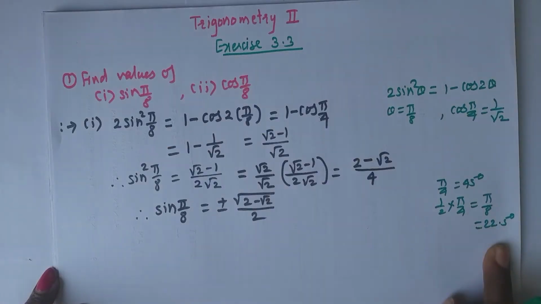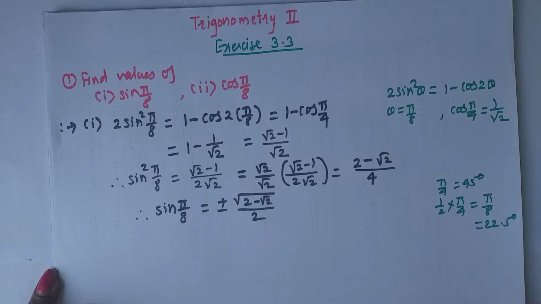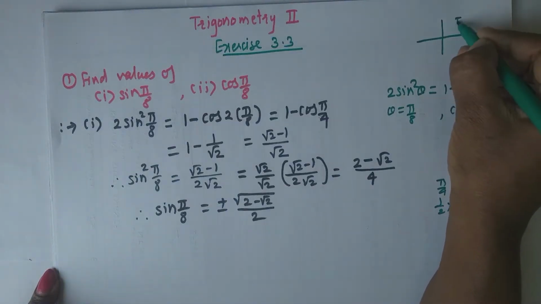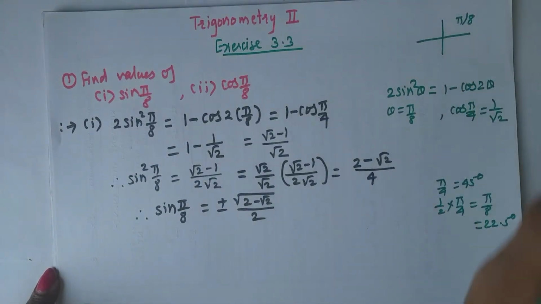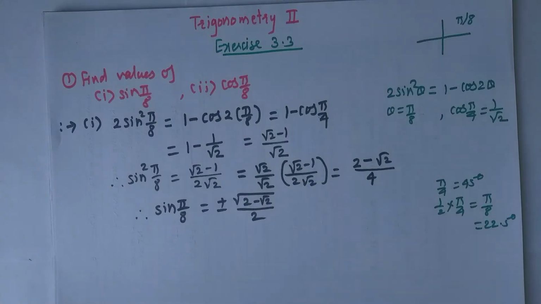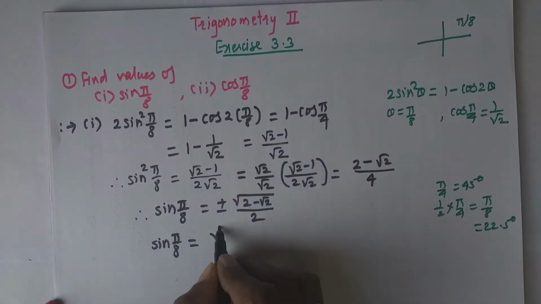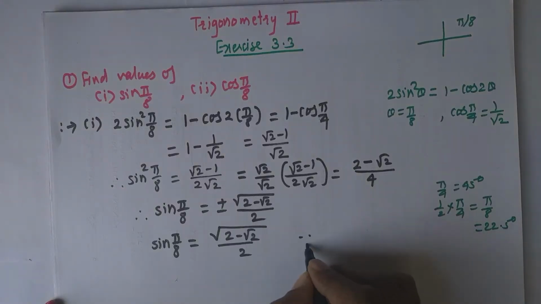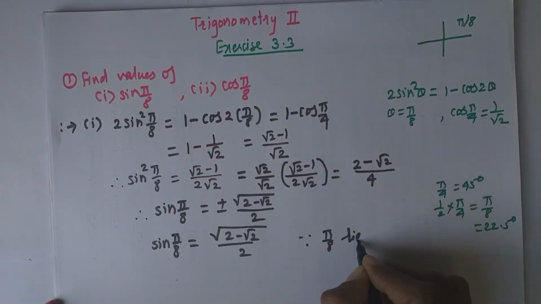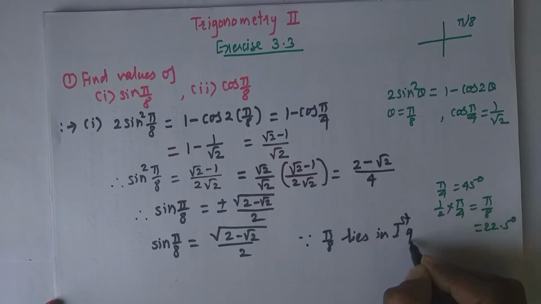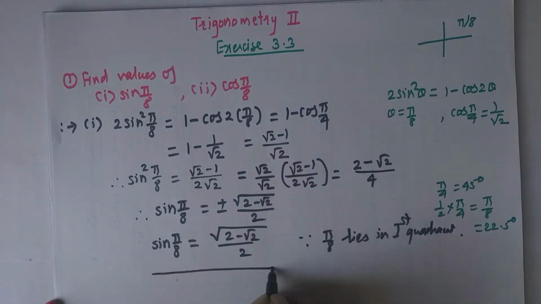And 22.5 degrees means this pi by 8 lies in the first quadrant, and we know that in the first quadrant all the functions are positive. Therefore, I am taking the positive value here. Write down the reason: since pi by 8 lies in the first quadrant, the value of sin pi by 8 will be positive, that is under root 2 minus root 2 divided by 2.